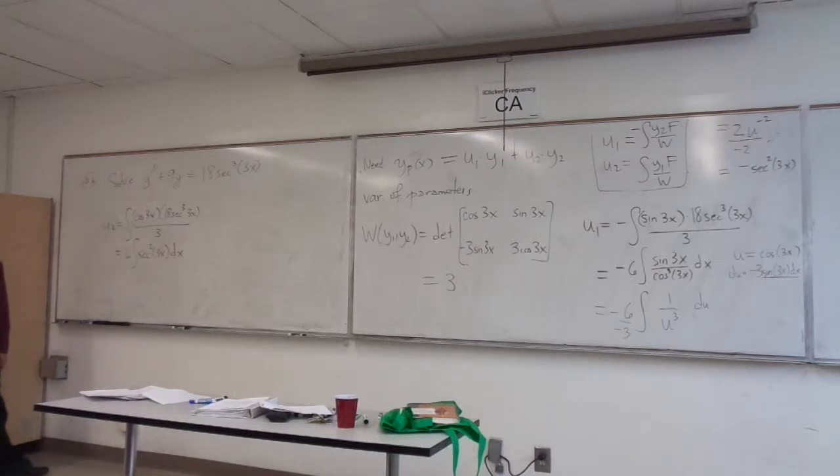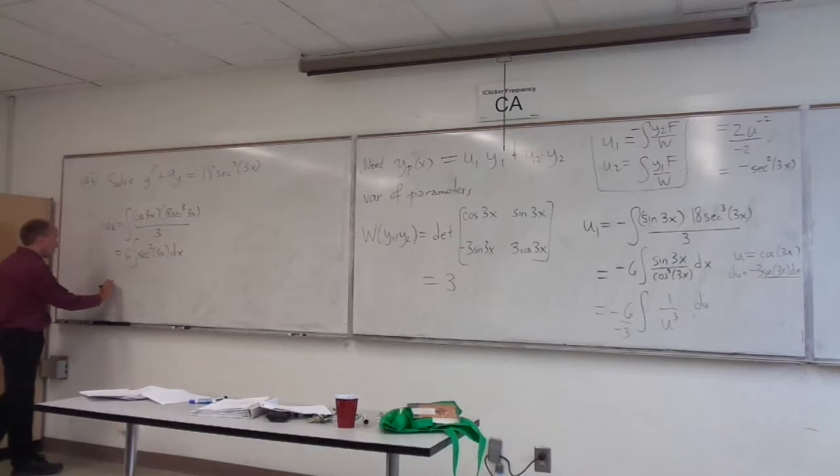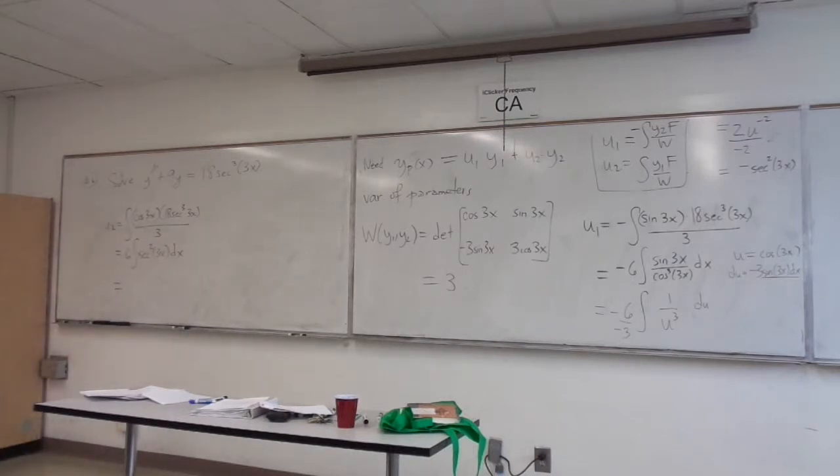Anybody happen to know how you integrate secant squared of theta? The derivative of secant is secant times tangent. So does anybody know a function whose derivative is secant squared? It's tangent of theta. This will be in the table of integrals.